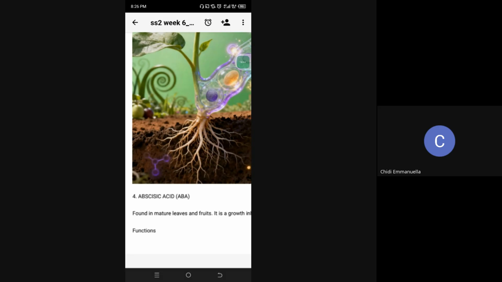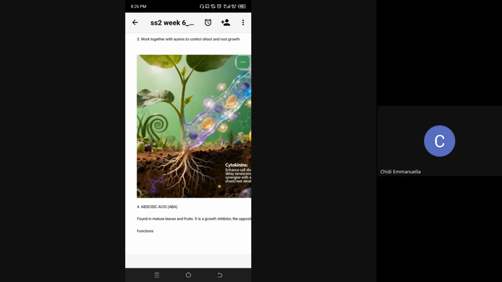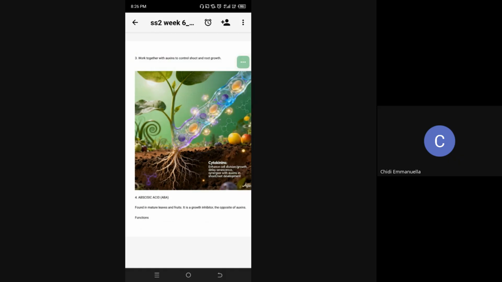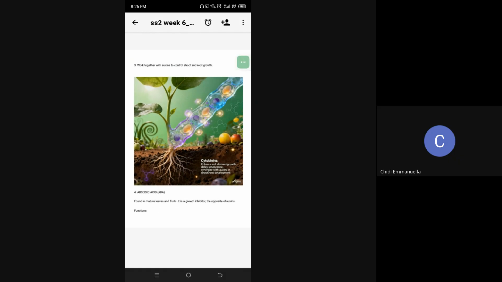Abscisic acid, in brackets, you can also call it ABA. Now, this is found in mature leaves and fruits. It is a growth inhibitor. When you say growth inhibitor, what does that mean?